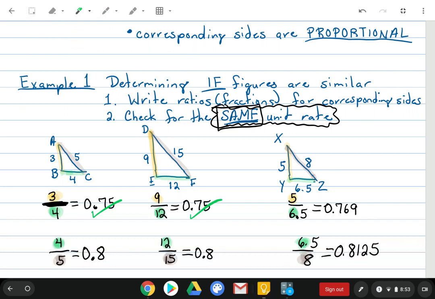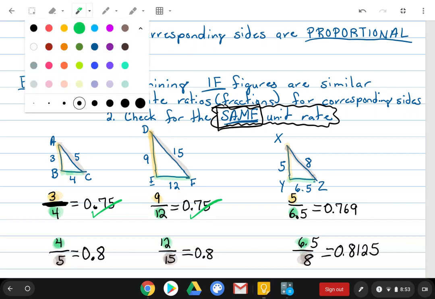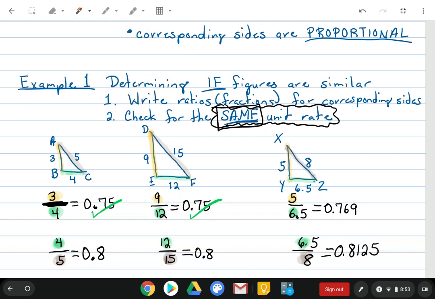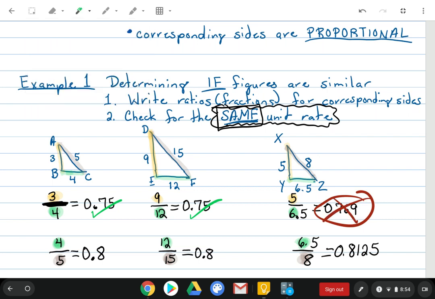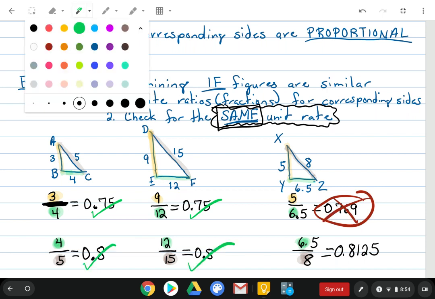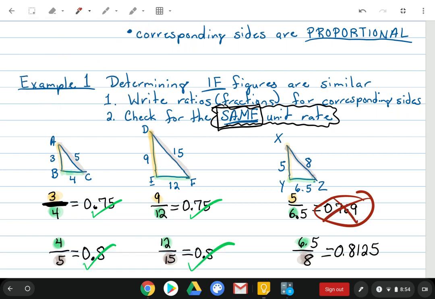That's the same, correct? However, it worked out for us right here. And then when we check the other two sides, notice we have 0.8 and 0.8. That's the same, right? But here, it didn't work out for us.